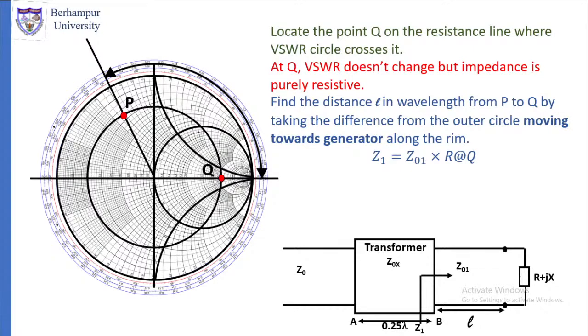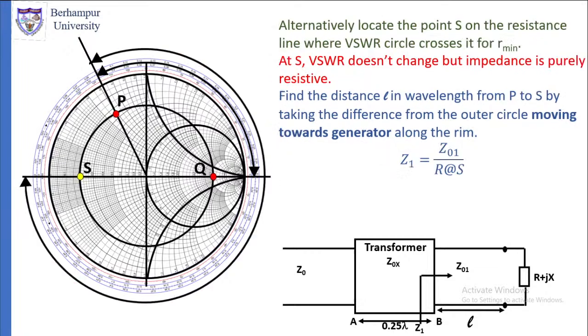One is a transmission line of appropriate length, which converts the complex impedance to a real impedance. Then we have a transmission line of quarter wavelength, which makes the quarter-wave transformation. This is one method. Then let us look at another way of solving this.